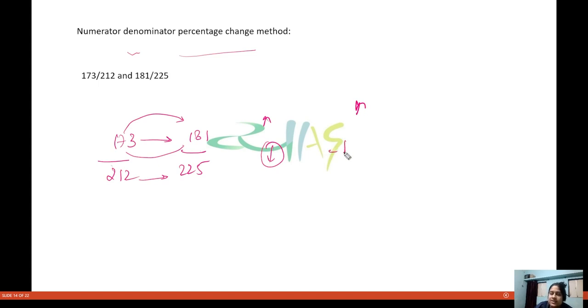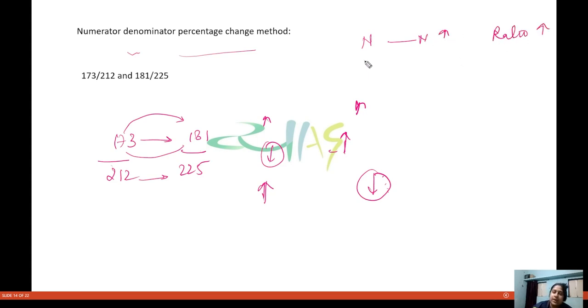We have 181 minus 173 divided by 173, that is the percentage. If you subtract 181 minus 173, you are going to get 8 here.